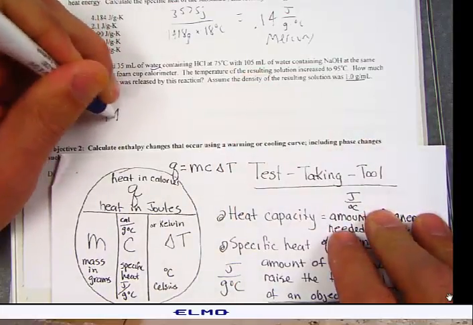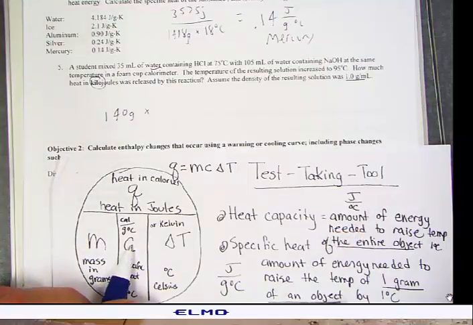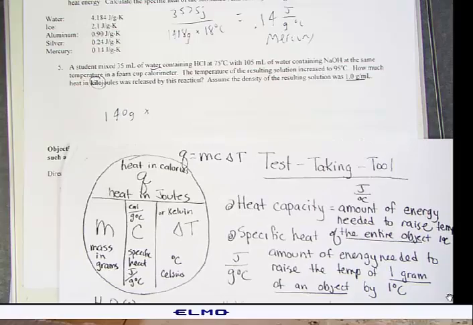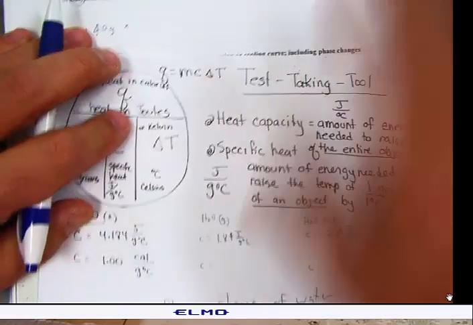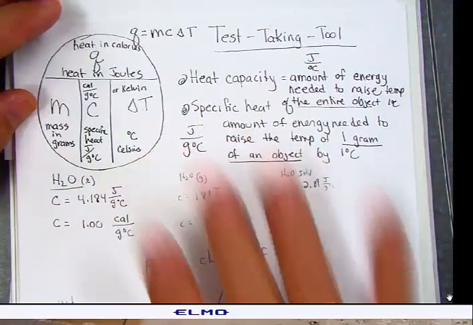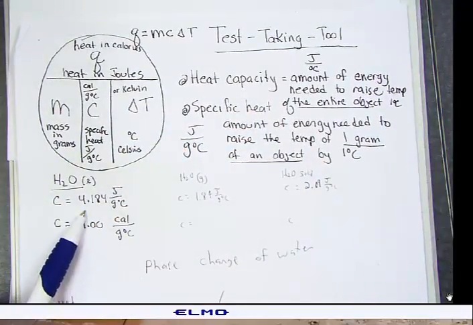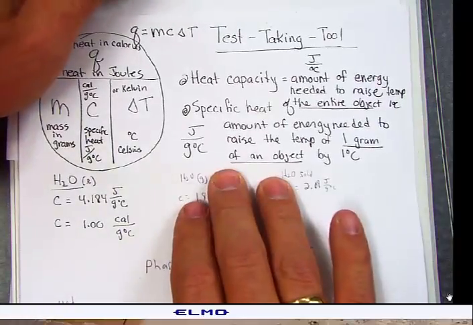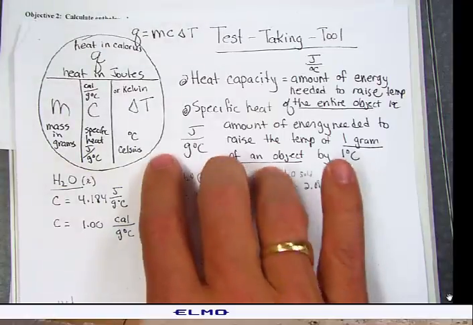Our mass is 140 grams. Specific heat, we have a couple specific heats to choose from, but we really don't have a choice. They clearly said they wanted it in kilojoules, so we have to find the specific heat that relates to joules. This is liquid water, 4.184 joules per gram degree Celsius.